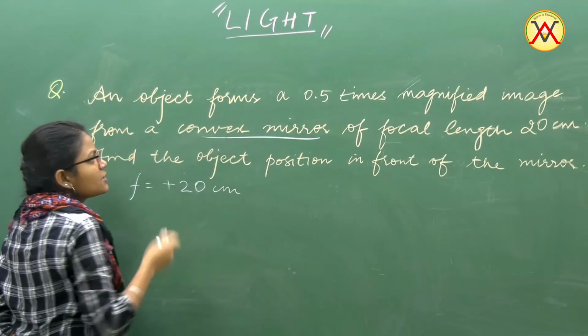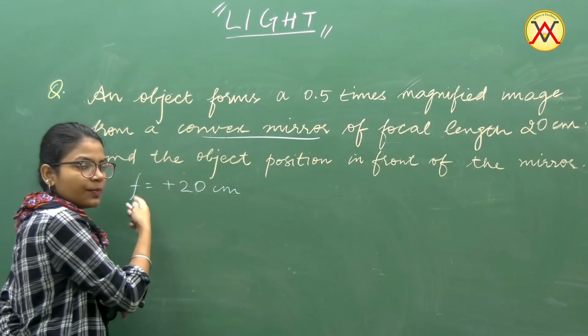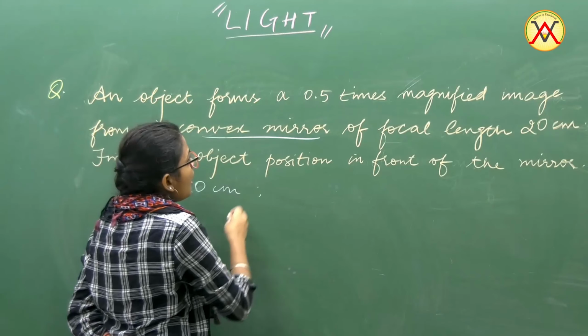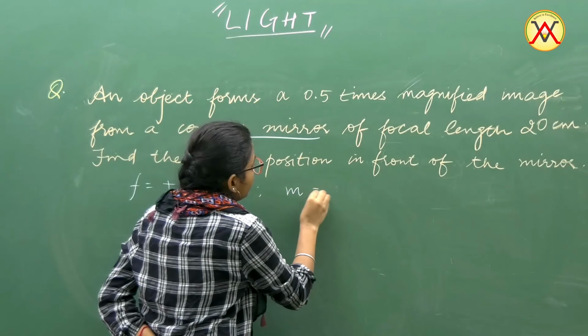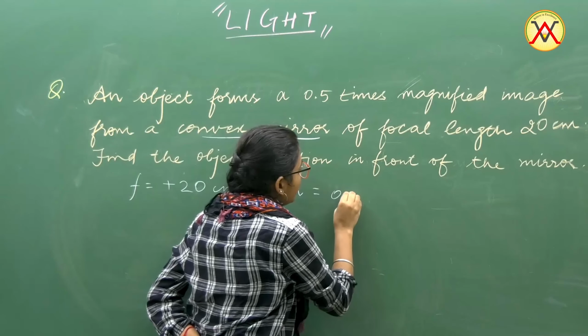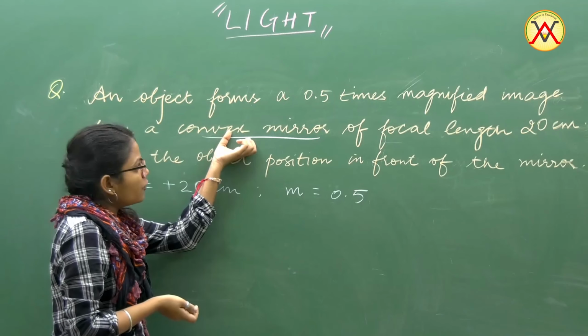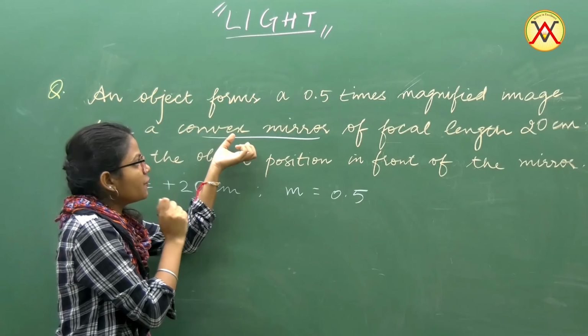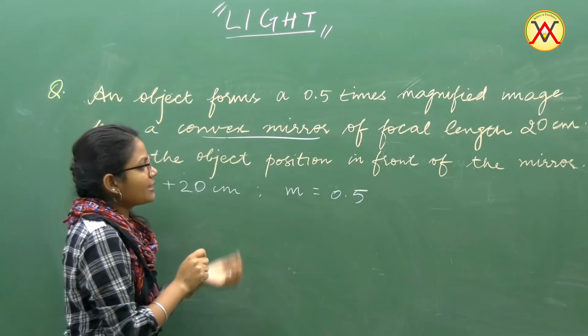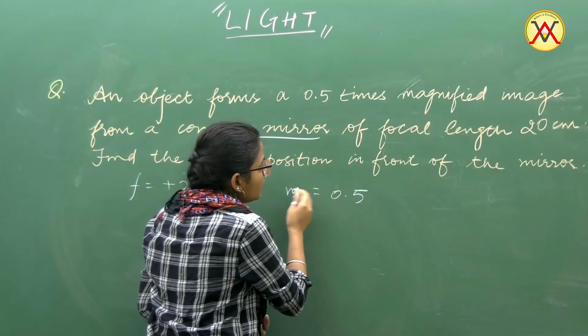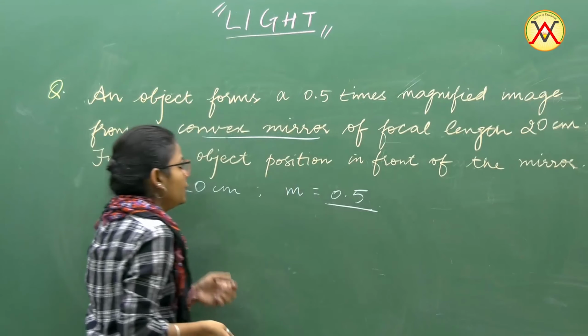Since it is a case of a convex mirror, the focal length would be a positive value. Along with it, we have been given the magnification as 0.5. Now, since it is a convex mirror, the only images formed are virtual and erect images. So, magnification will again be a positive value.